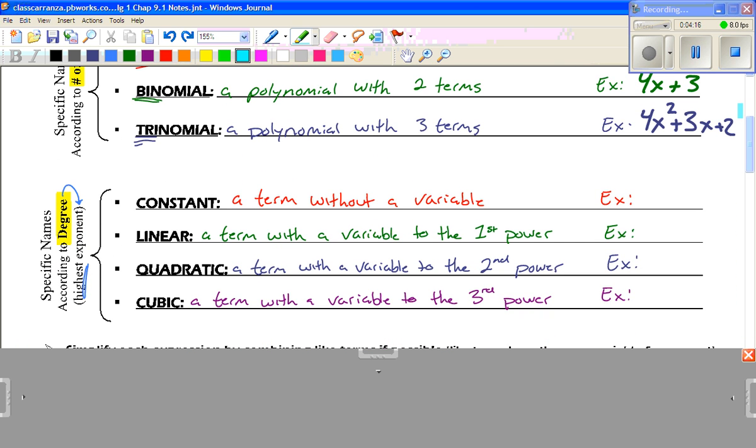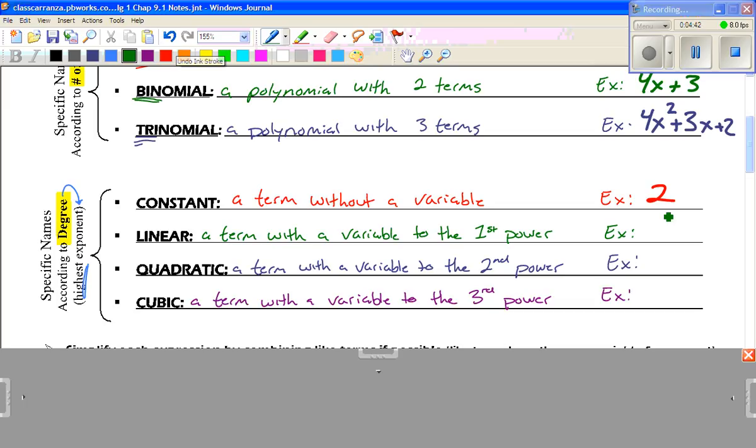Now, let's talk about specific names according to the degree, or the highest exponent. Now, a constant is a term without a variable. So if we just have a number, no variable, that's a constant.